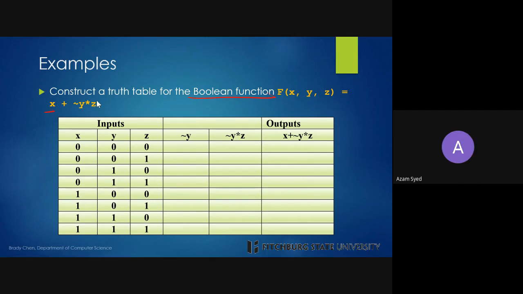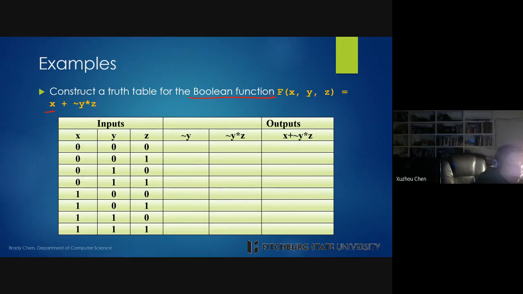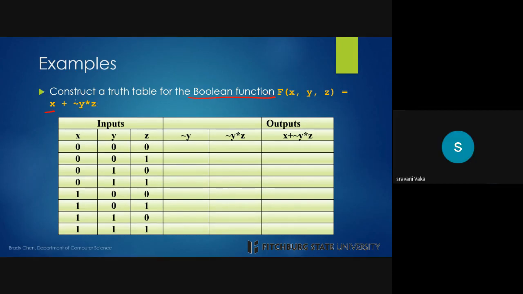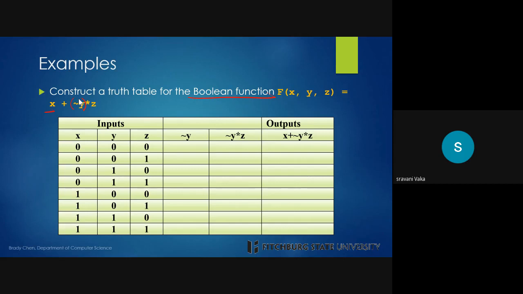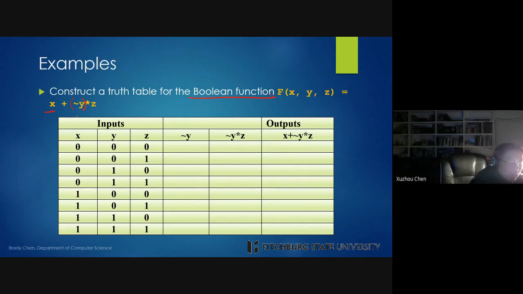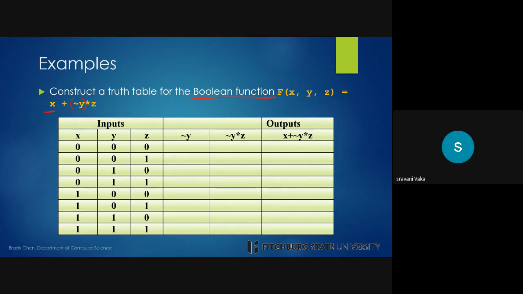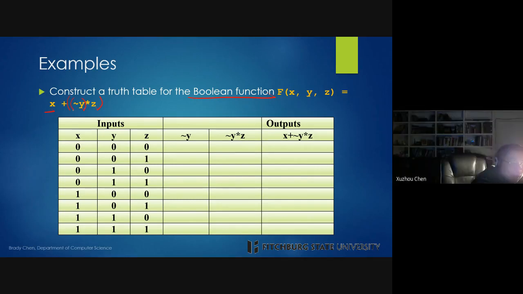Negation, right? The tilde y going to evaluate first. So if I try to mark with the parenthesis, this one going to evaluate first. Now, what's the next one? And. Once you finish the tilde y, then we're going to evaluate this one first, right? And the last one is plus, or, x.